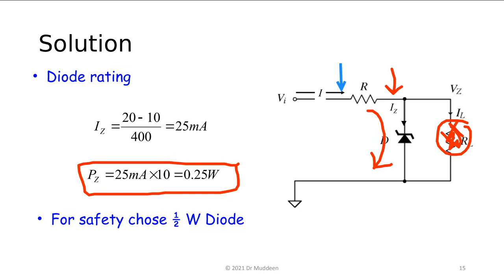So if you're asking it to cope with a quarter watt, really and truly what we want is something with a little bit of a safety margin. So we're going to choose a half watt diode. Okay, 0.5 watt. So you now have your specs. You go and look either in your electronic stores like we do have here, or you go online if you're buying it, or you go to the nearest electronic stores.